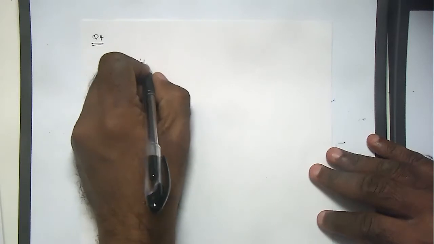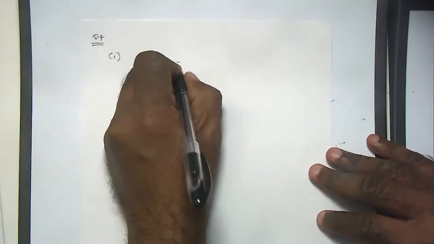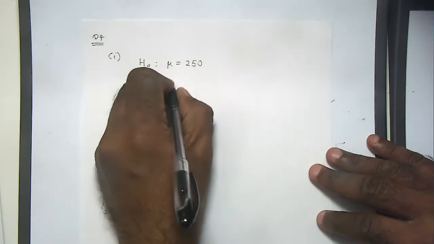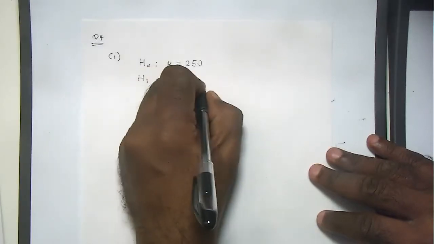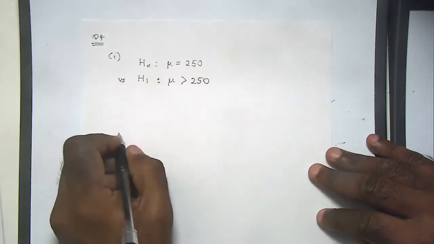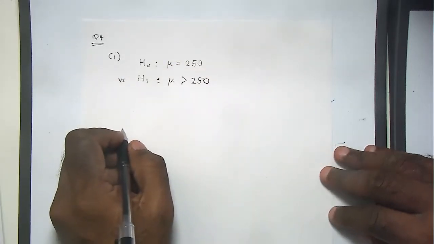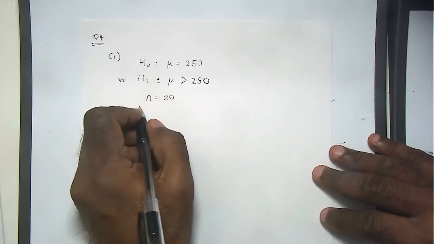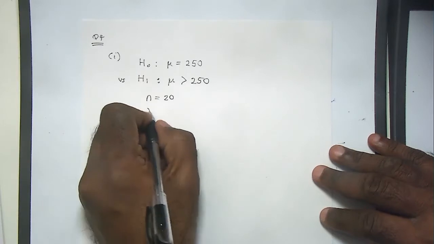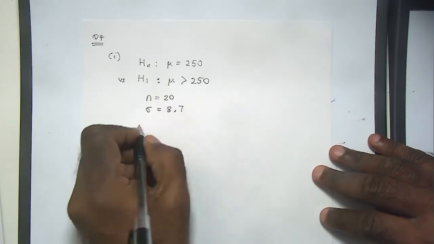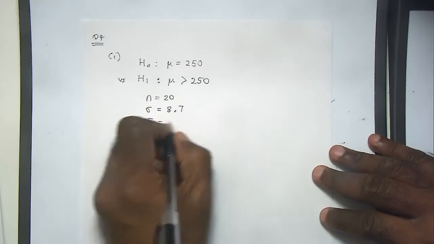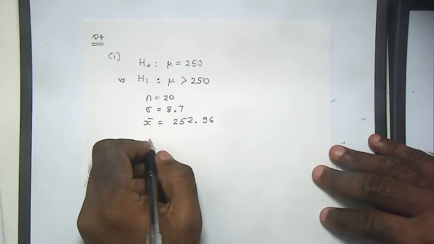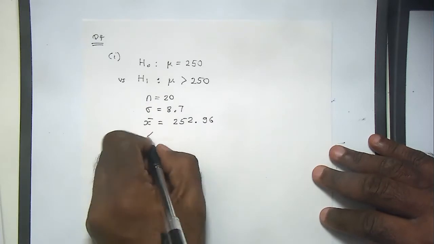You are testing. So you have n is 20, your sigma is 8.7, x bar is 252.96, and your alpha is 0.05.